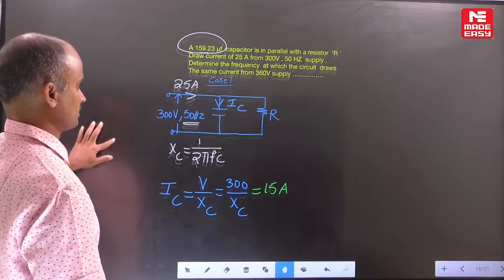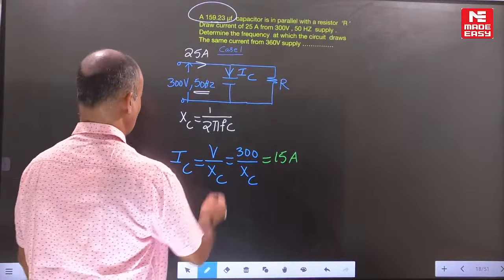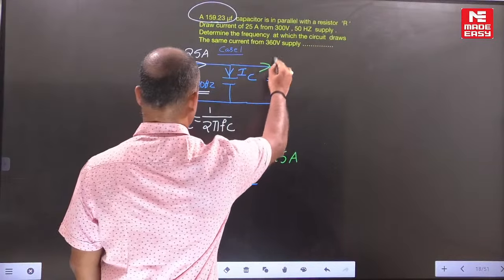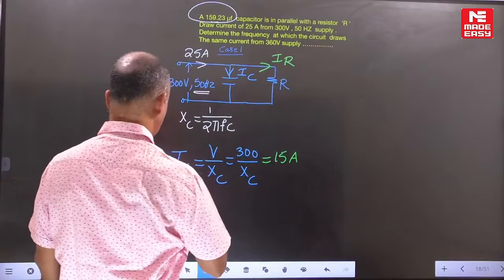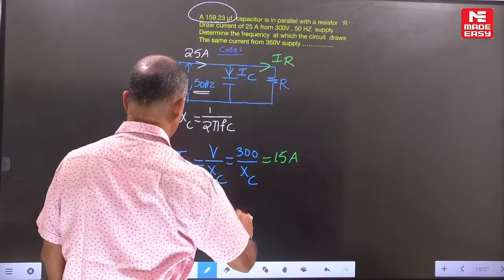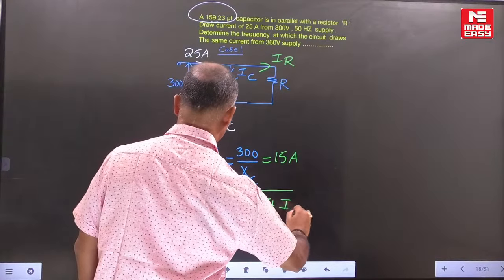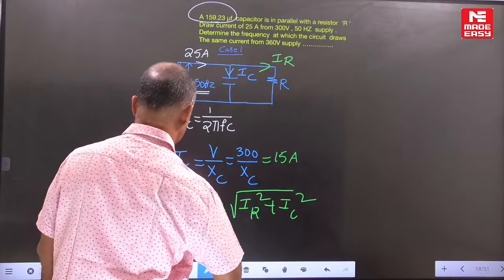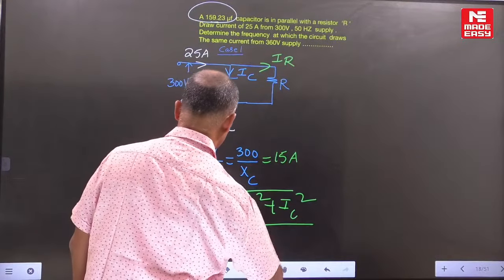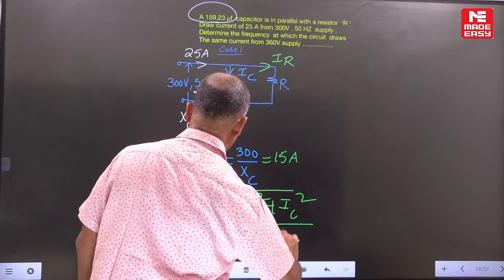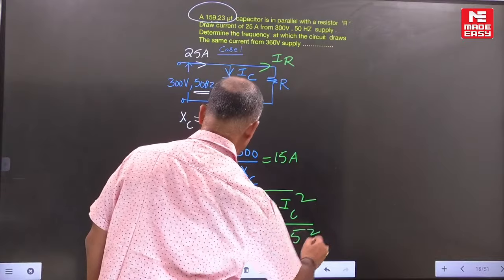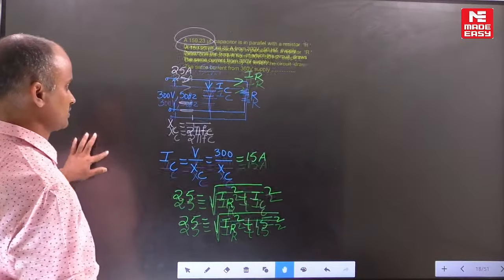Now this is an RC parallel circuit. Here the total current is known and the IC value is obtained. Can you find the IR value? Like this, sir: 25 equals root of IR square plus IC square. What is the IC value? IC is 15. By simplifying this one, can you find the IR value also?